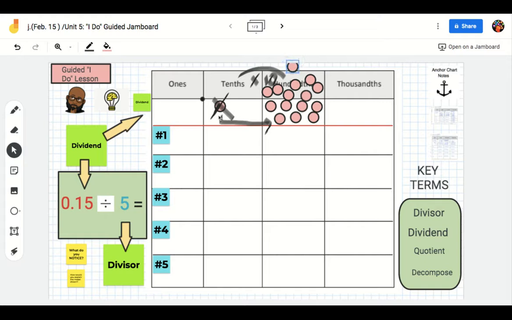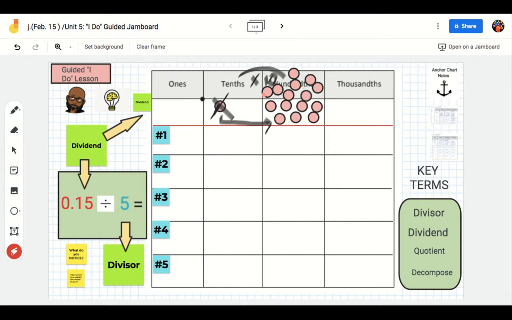Now I have no tenths because I had to transfer it. And now in the hundredths place, how many do I have in all? I had 5 at first. Excuse me.